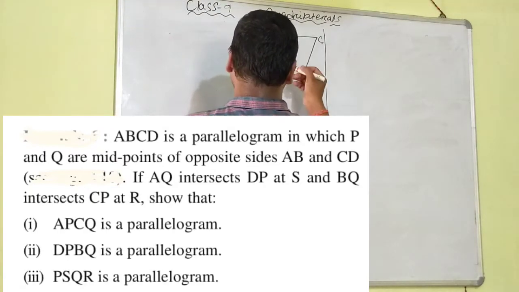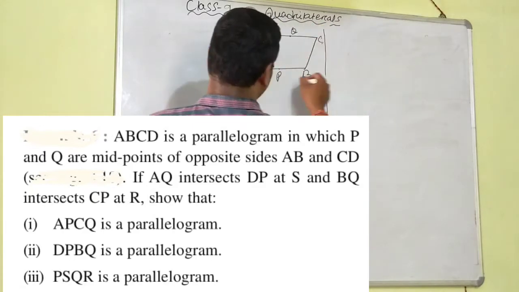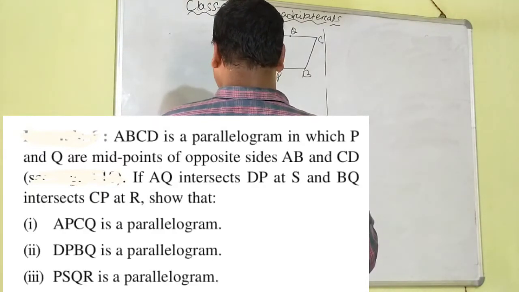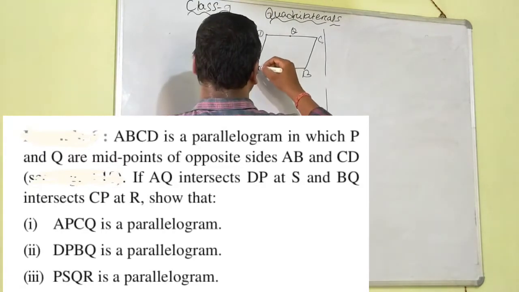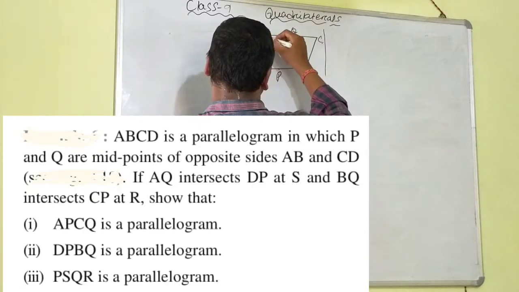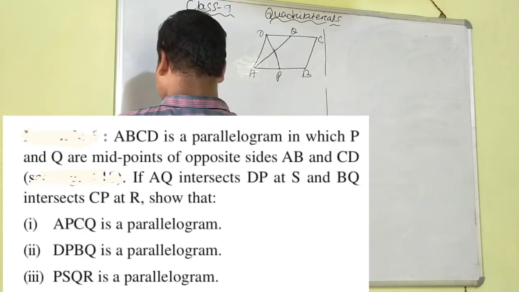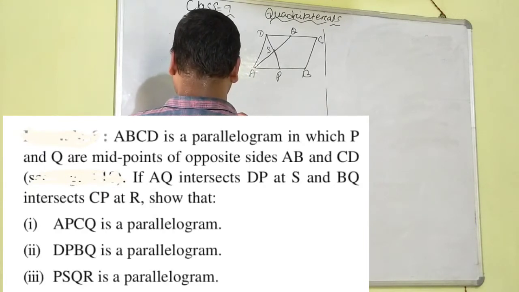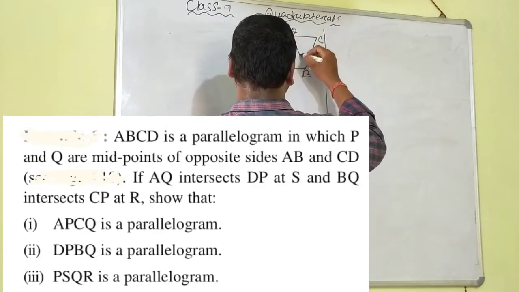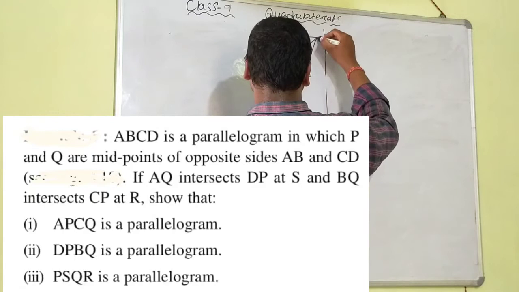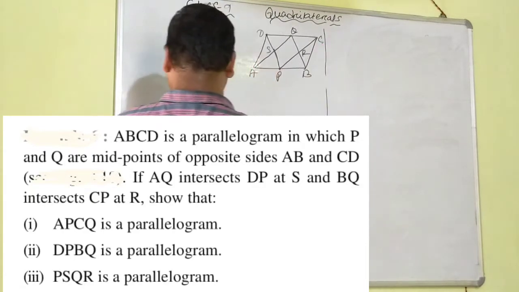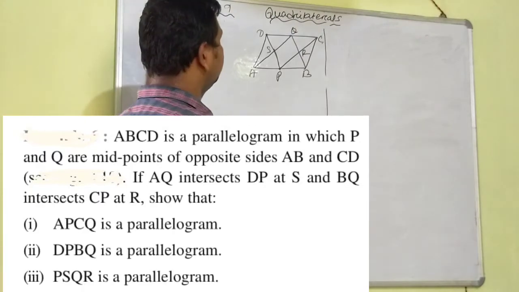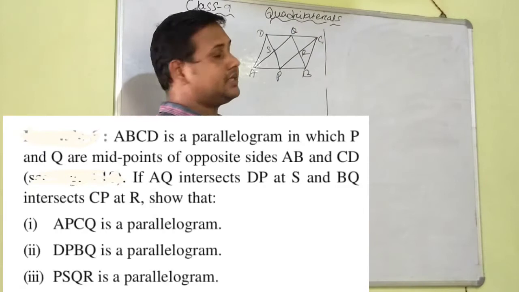Next given, AQ intersects DP at S, and next given, BQ intersects CP at R, so that APCQ is a parallelogram, and second is given BPDQ is a parallelogram.